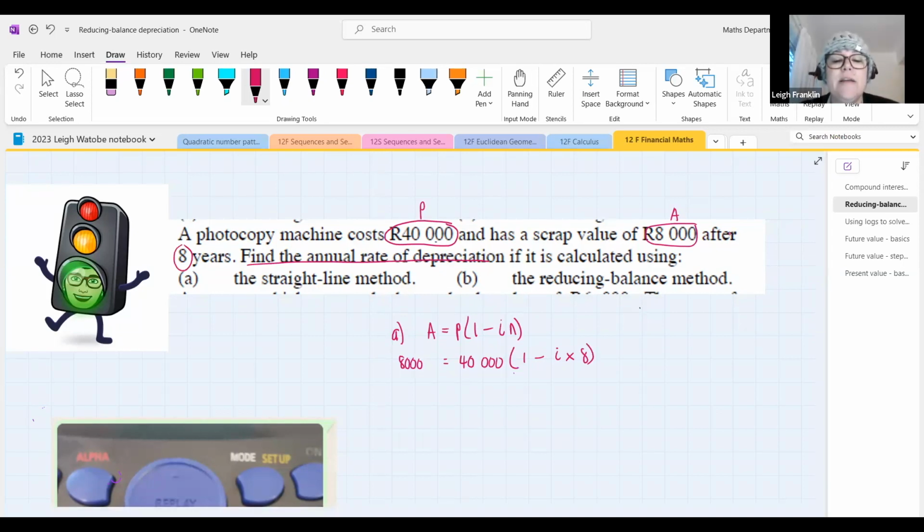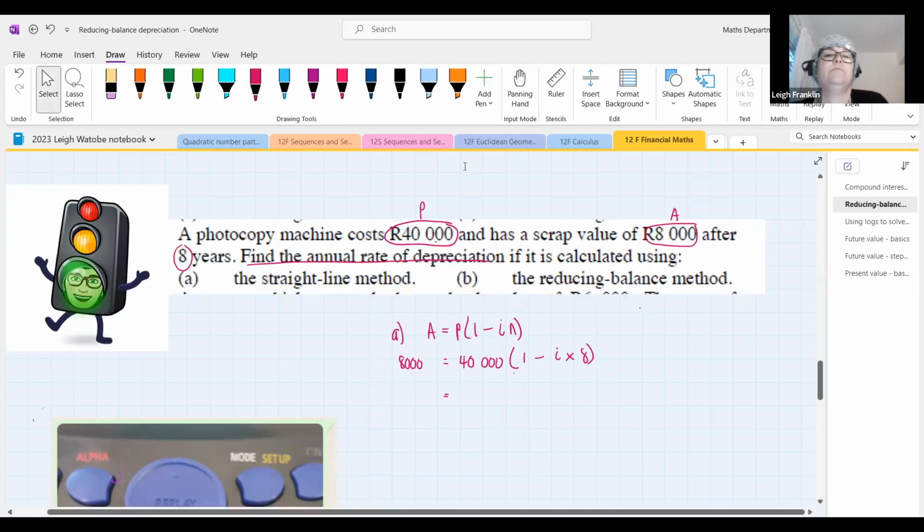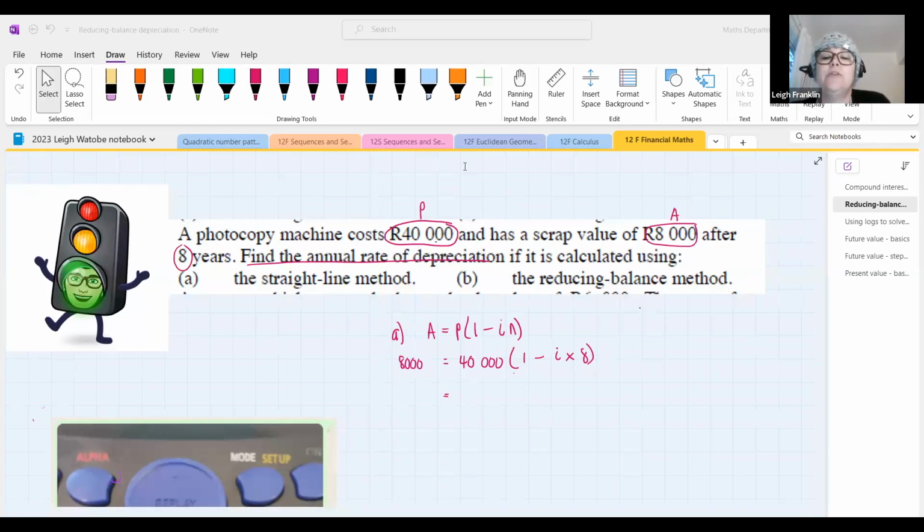Okay, so what's the next step? What do I need to do to both sides of my equation after this? Absolutely. I'm going to try and isolate that bracket. Well done. So I'm going to divide by 40,000 on both sides.